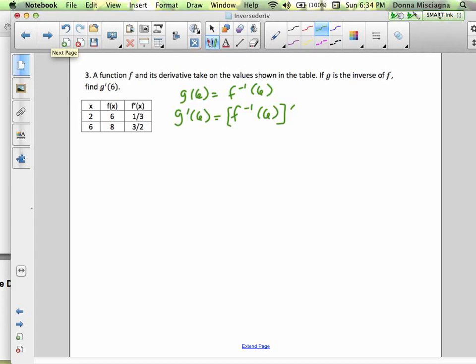How do we find the derivative of an inverse? We take 1 over the derivative evaluated at the inverse.